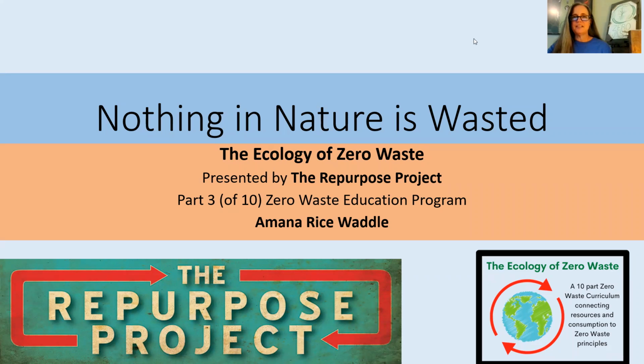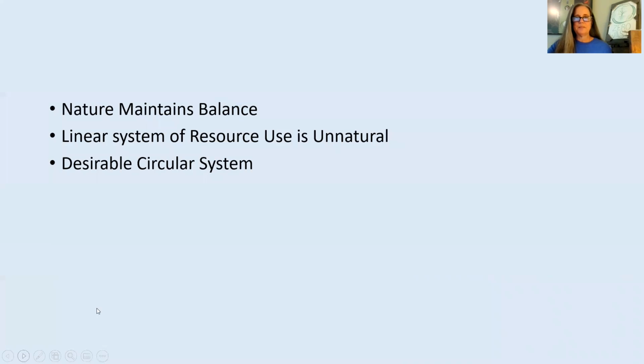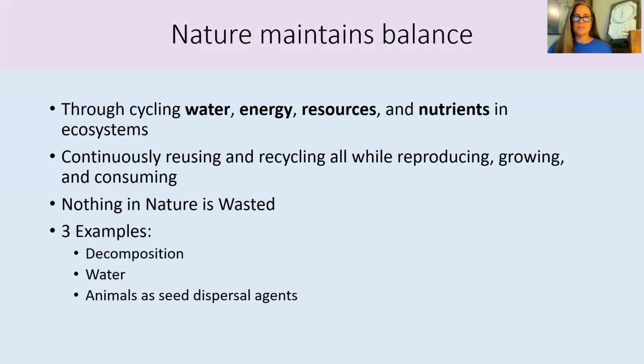This module is called Nothing in Nature is Wasted. So today we're going to talk about how nature maintains balance, how the linear system of resource use is really unnatural, and how we want a circular system just like nature.